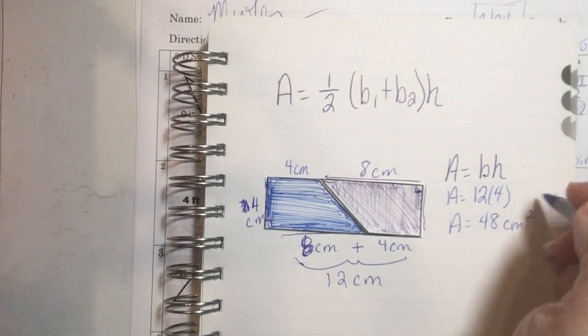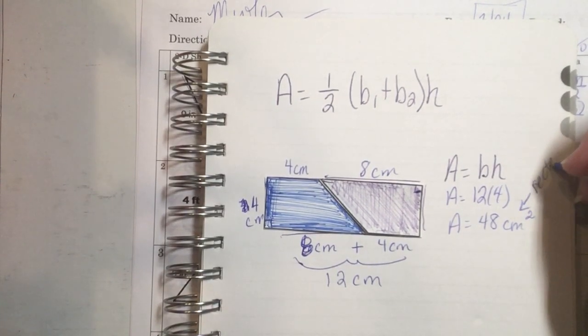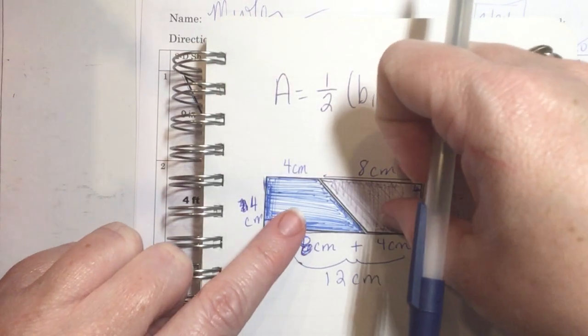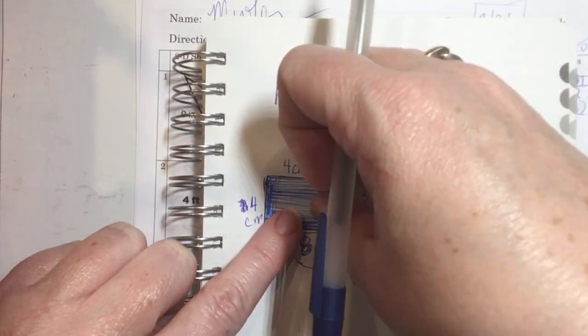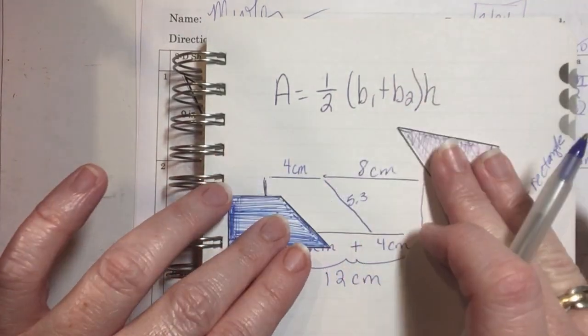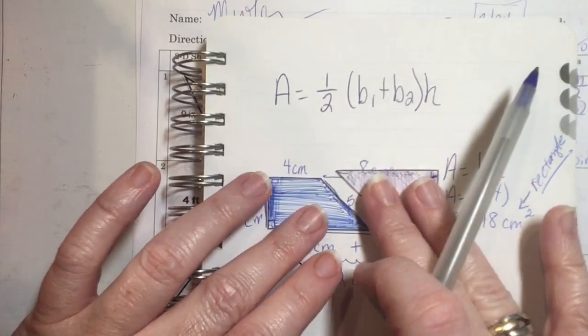So that's the area of the what? That's the area of the rectangle when we put two trapezoids together. So if I want the area of just one of the trapezoids, I took that and I broke it in half. That's where the half comes from. You see that? You break it in half.